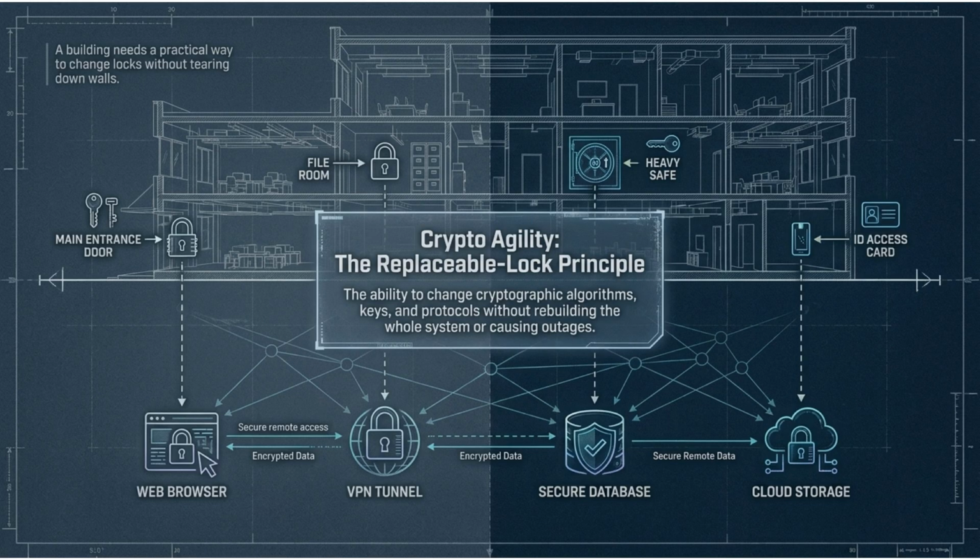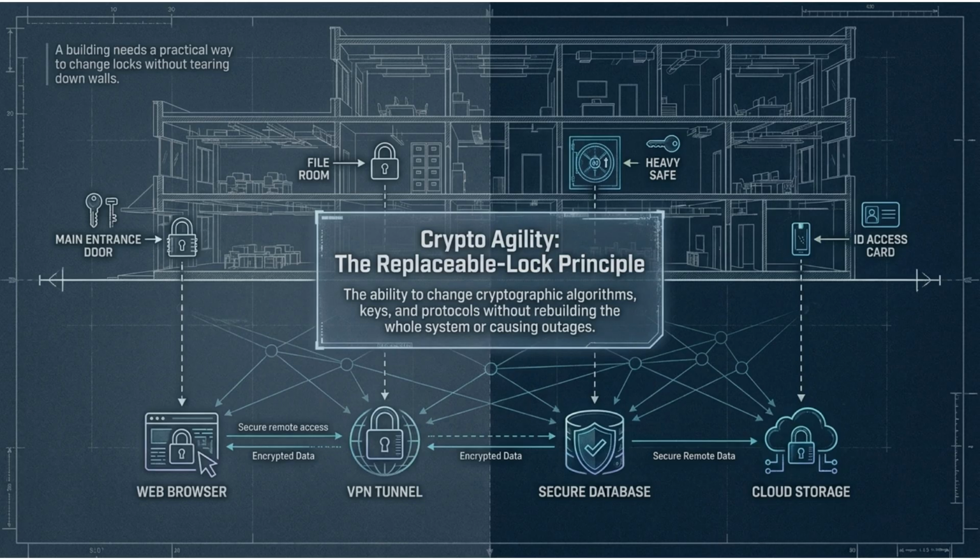This brings us to the core concept of crypto agility, the ability to change cryptographic algorithms, keys, and protocols without rebuilding the whole system. Imagine a building with many different physical locks, some on the main entrance doors, others on file rooms, heavy safes, or employee ID access cards. If a specific key is compromised or a lock type is found to be insecure, you do not tear down the building's walls.